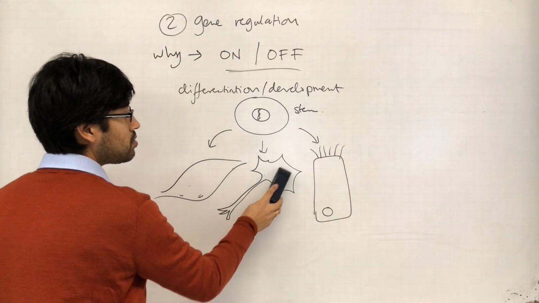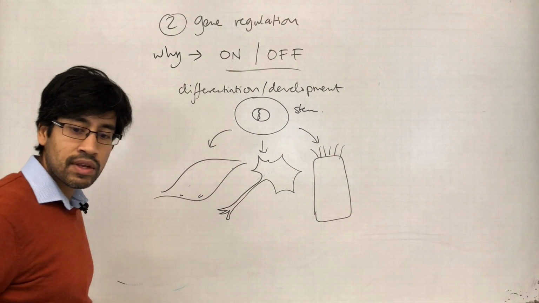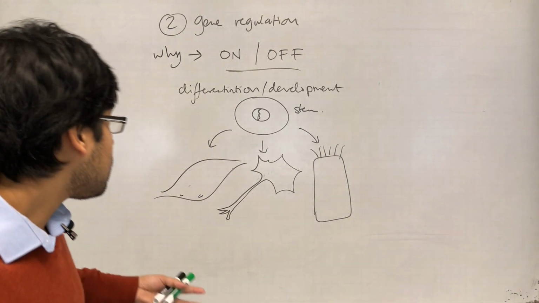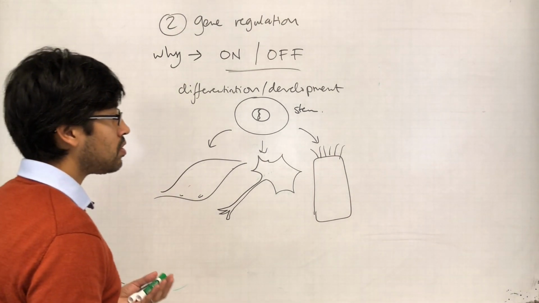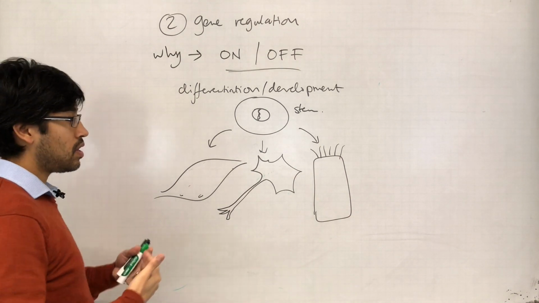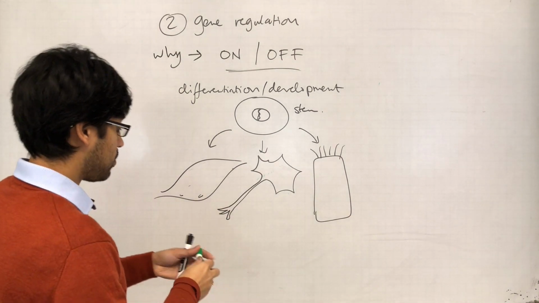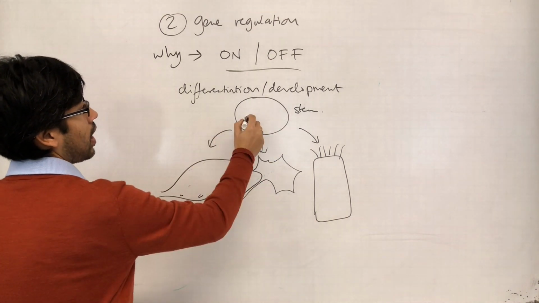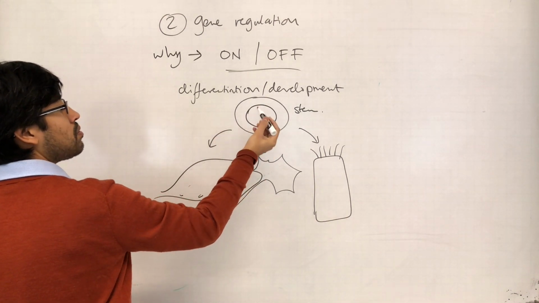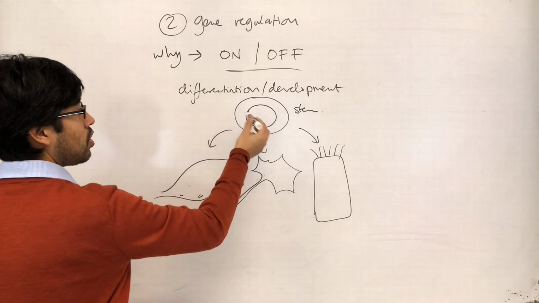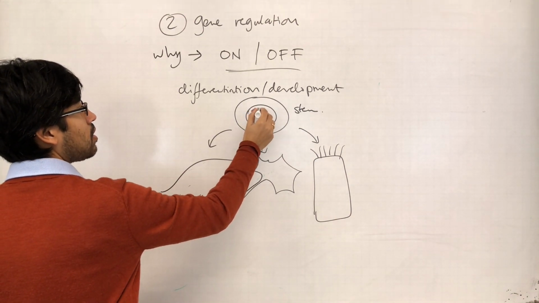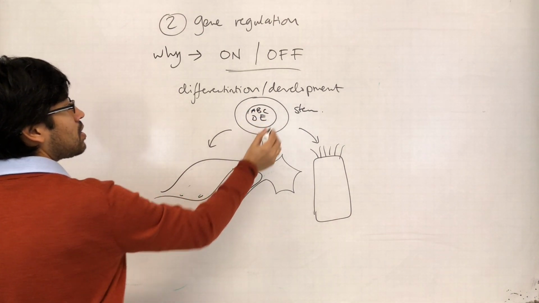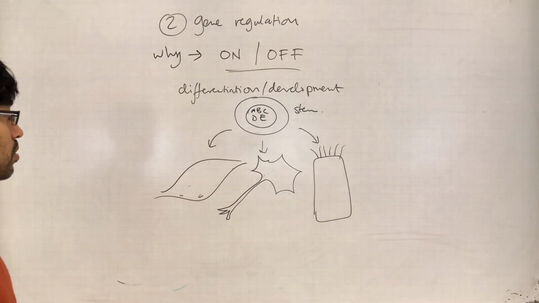that cells, in order to become differentiated, or in order to change, can turn genes on and genes off. So let's say this stem cell, and we're talking about a very basic organism, has in its genome genes A, B, C, D, and E, all on its chromosomes.